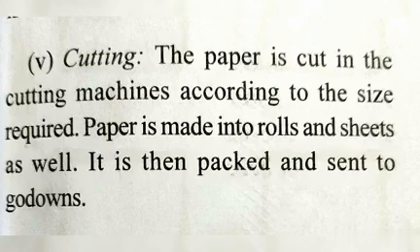For example, take batch number 201. It is being cut into small pieces while the previous batch, number 200, is in the section for making pulp, and batch number 199 is in the spreading section. So like this they have different batches.